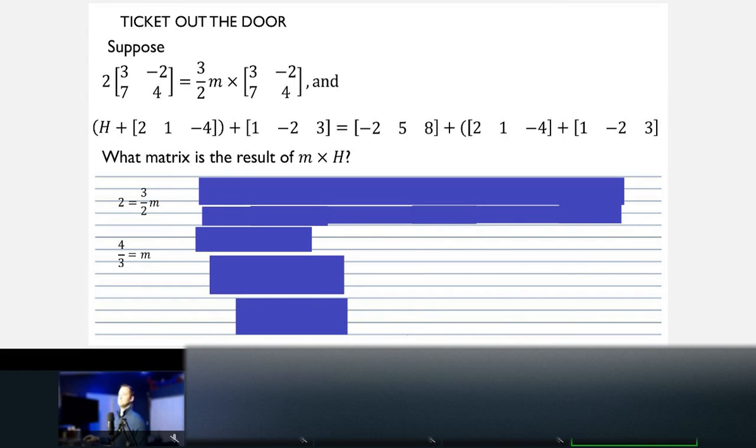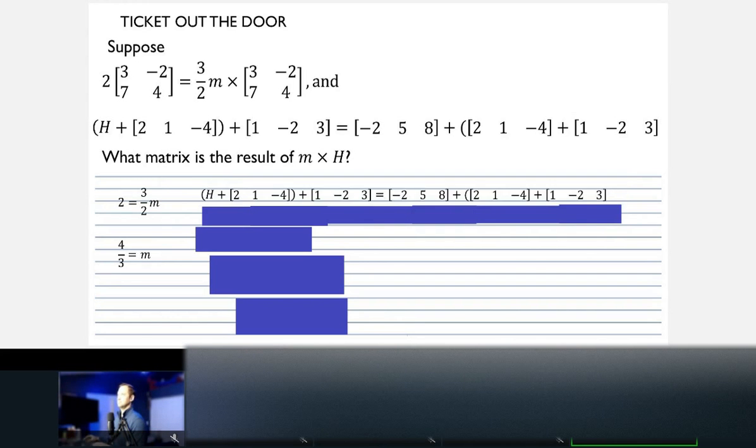All right, so as we look at the second set of matrices, we can see that H is the same as the matrix on the right, -2, 5, and 8, because they're set equal to each other and the parentheses just moved. So that's the associative property.